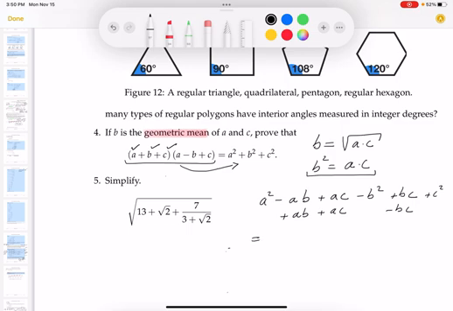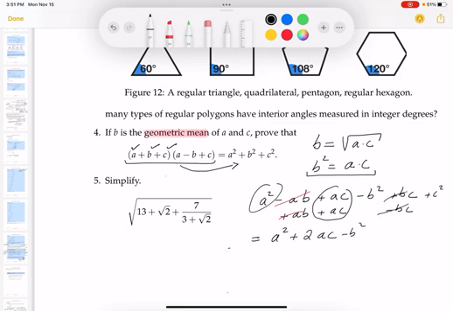Well, let's keep doing this. Let's see. Some things disappear, don't they? So let's write down what we get. A squared. Whoops, let's go back to black ink. Minus B squared.